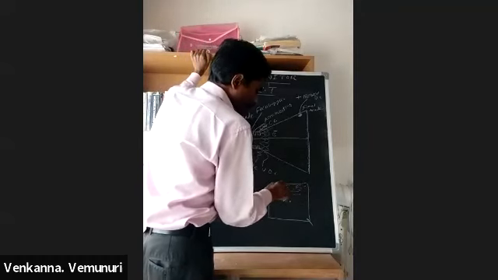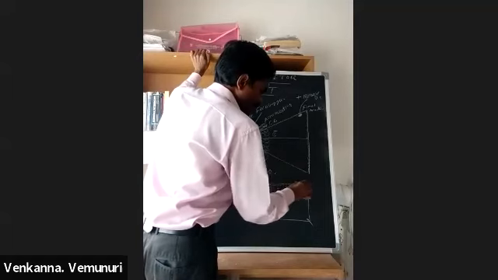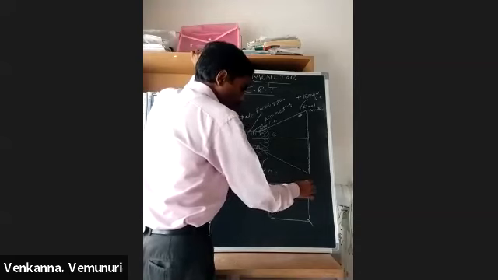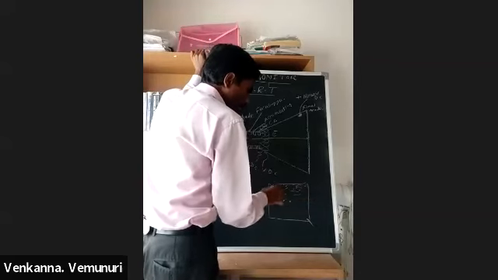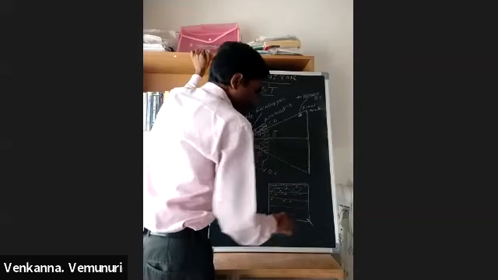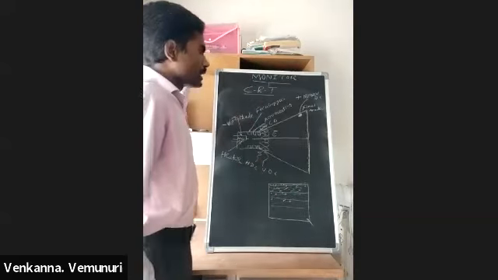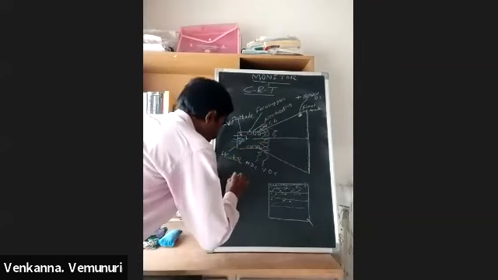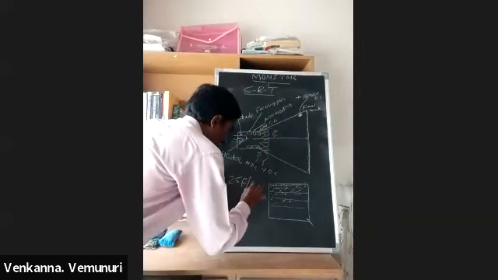If it is creating dots from left to right, it is called trace. Again, the beam comes from here to the second line. It is called retrace. Trace, retrace, trace, retrace. In this way, this CRT picture tube generates 25 frames per second.